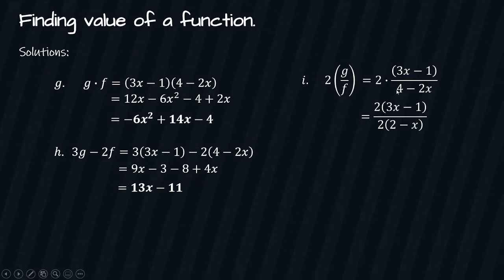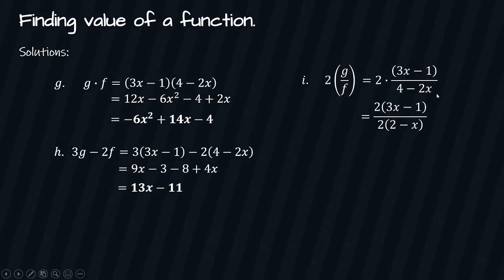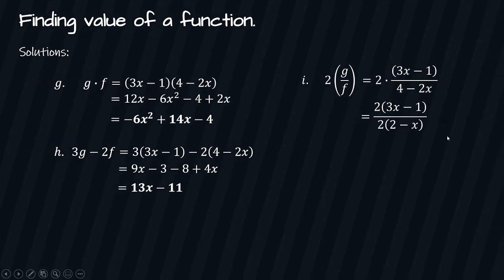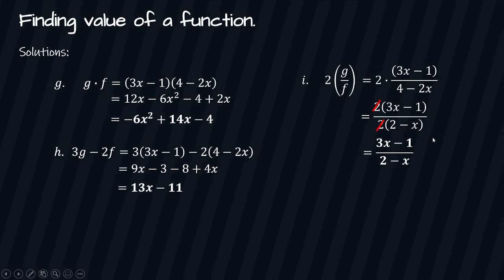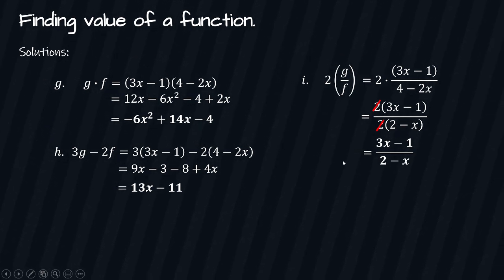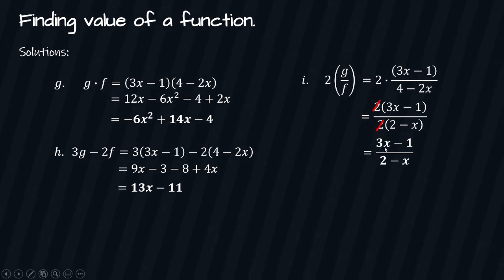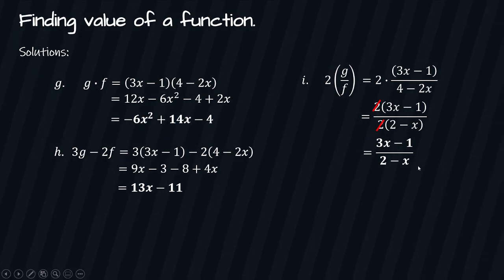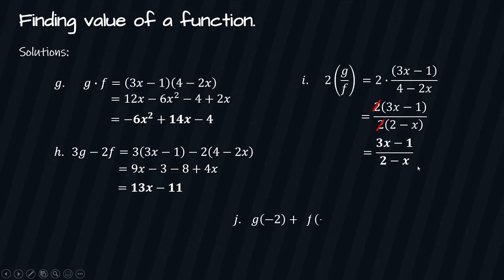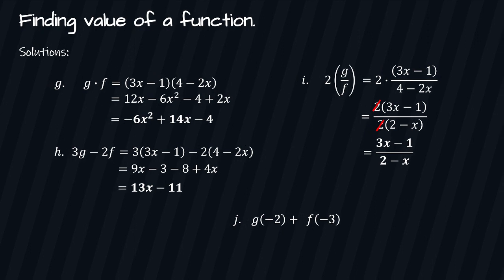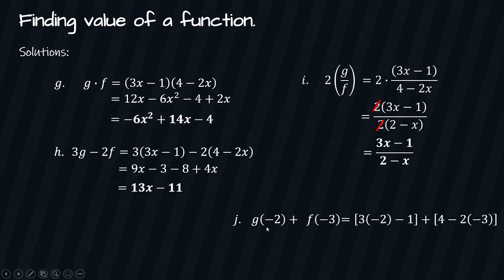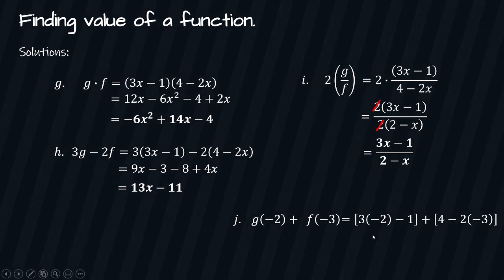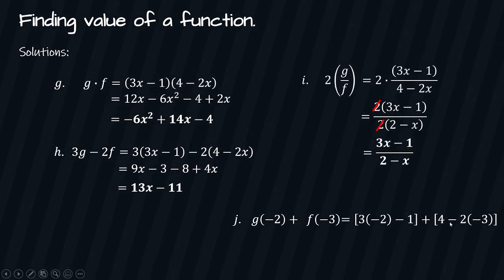Note that we factor the value of 2 in the denominator, 4 minus 2x. Then cancel the value of 2. We have 2 times g over f equal to 3x minus 1 over 2 minus x. And finally, for g of negative 2 plus f of negative 3, we simply substitute the value of negative 2 for g of x and the value of negative 3 for f of x.